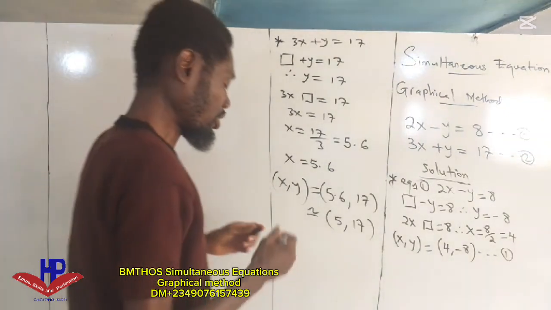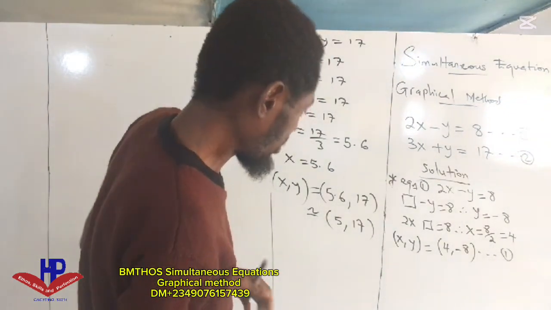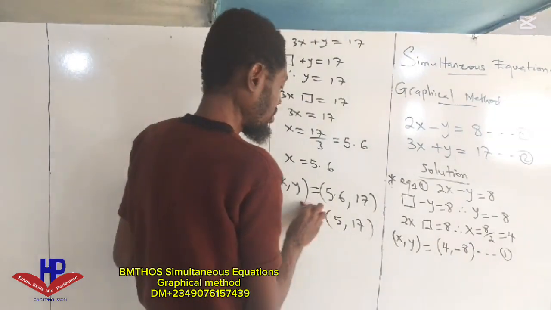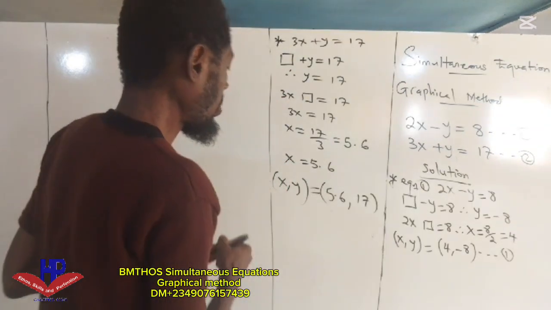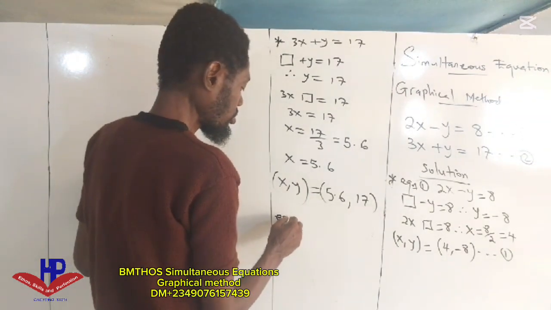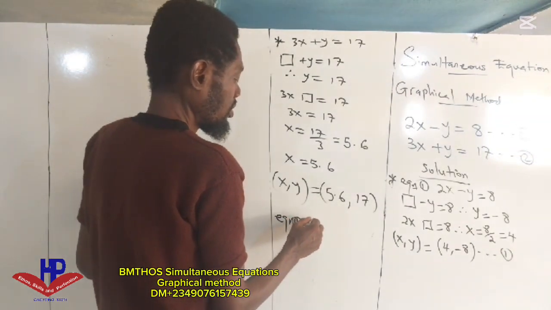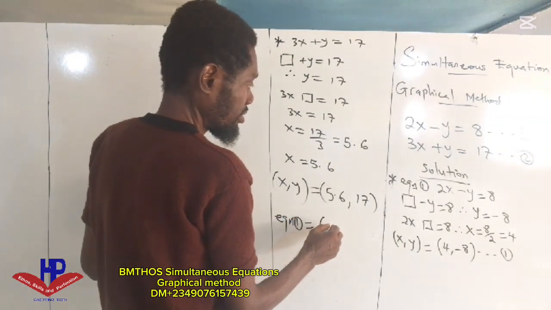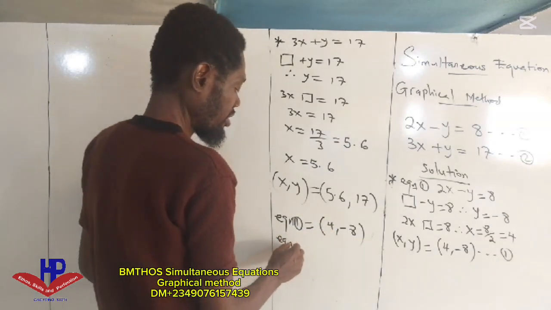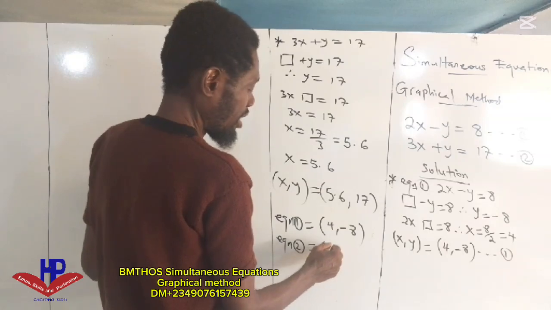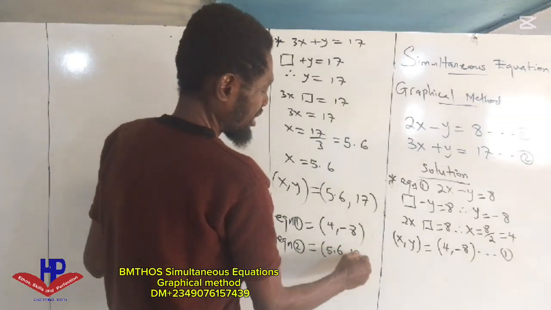But it's better we use 5.6 anyway, because we're going to put it in the graph. So the coordinates for equation 1 are 4 and minus 8, and the coordinates for equation 2 are 5.6 and 17.